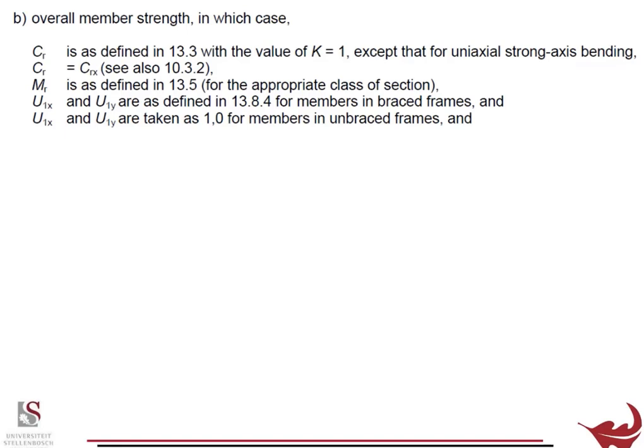For instance, now we get to overall member strength. Now, Cr as defined in 13.3 with the value of K equals 1. So it doesn't matter what your effective length is normally, K is 1 now. You always use K equal 1, except that for uniaxial strong axis bending, you check Cr equals Crx.